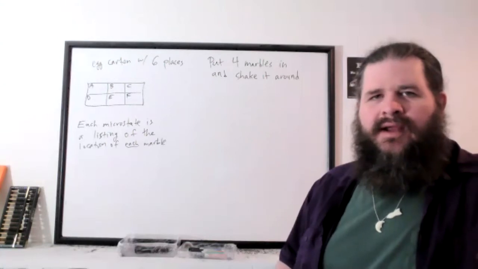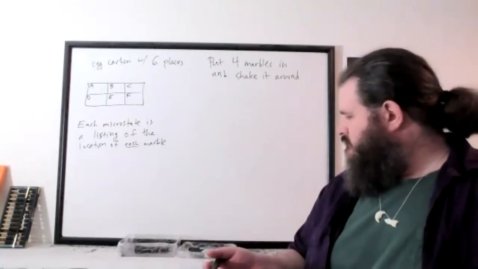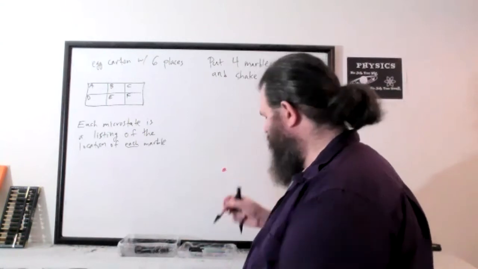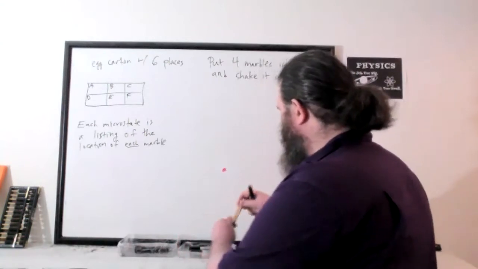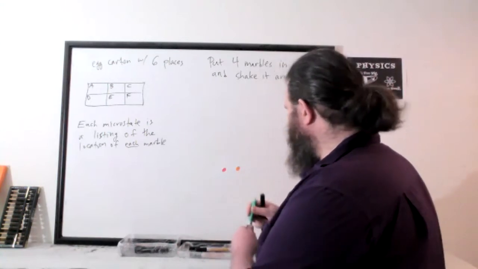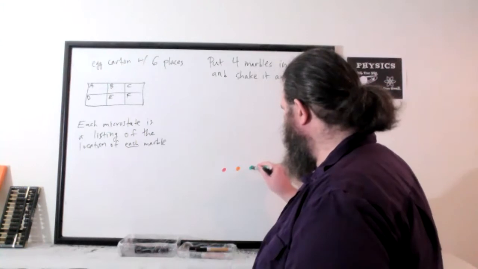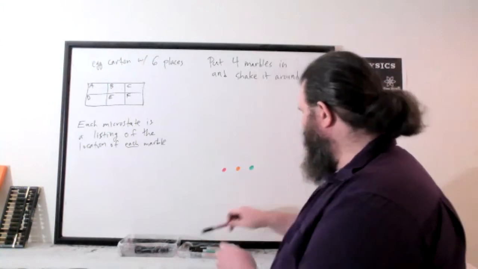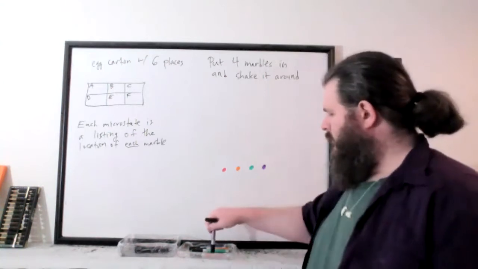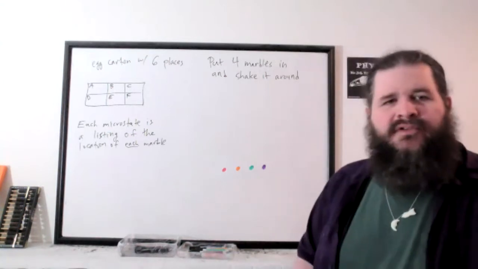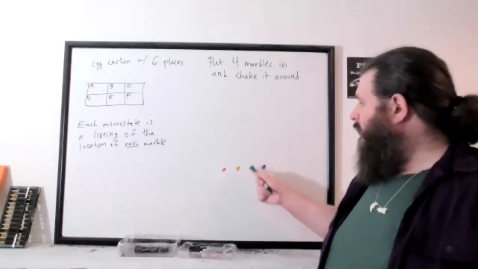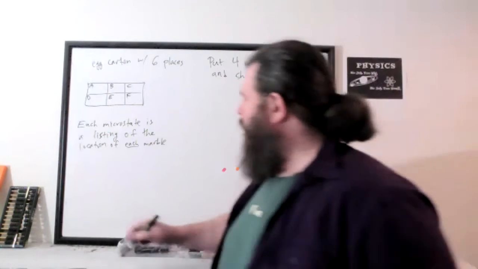So let's say the order is red, orange, green, and purple. So you've got 4 marbles, and a microstate would just be listing where's the red marble, where's the orange marble, where's the green marble, where's the purple marble.